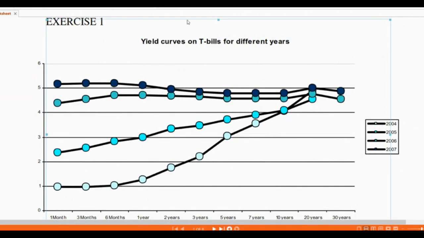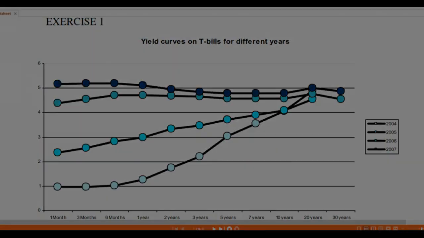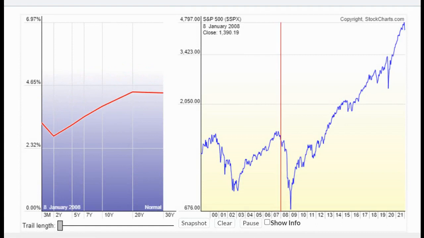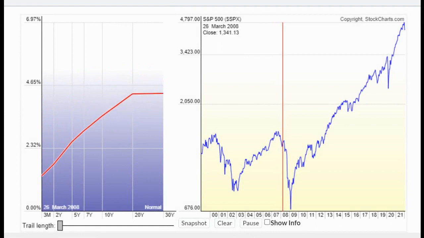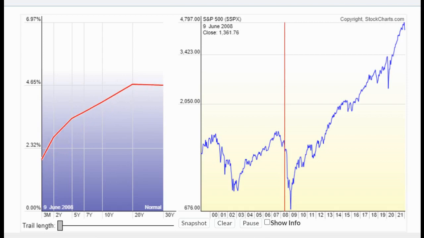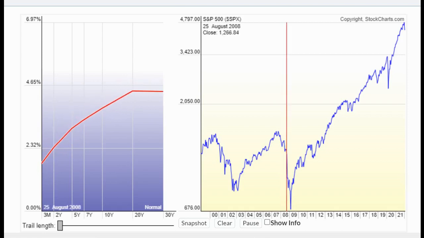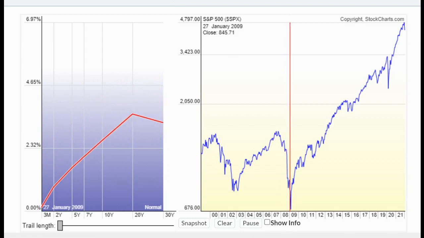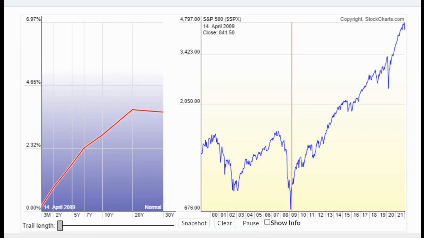So in a second, I'm just going to write down all those facts. And what we'll do next is think about how economic theory might help us explain these observations. Before we do that, there's one thing that I want to show you. Notice that these yield curves were from various years, but the last year for which I showed you a yield curve was 2010, right?